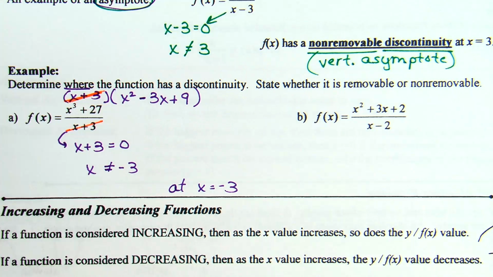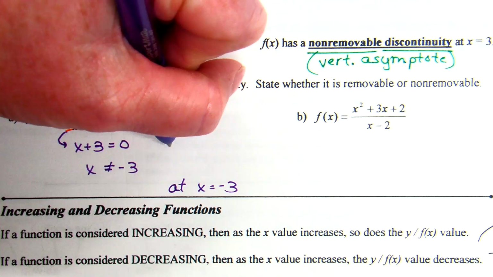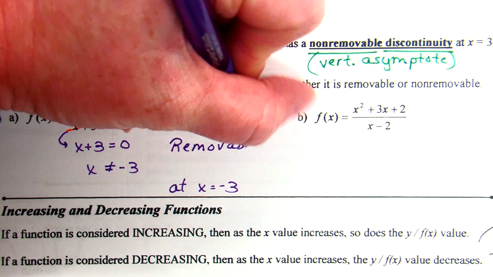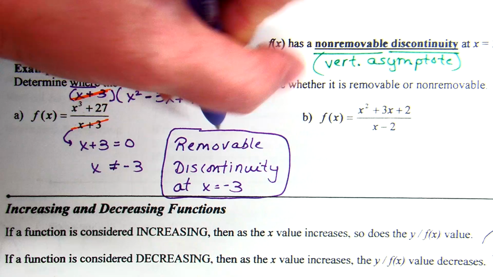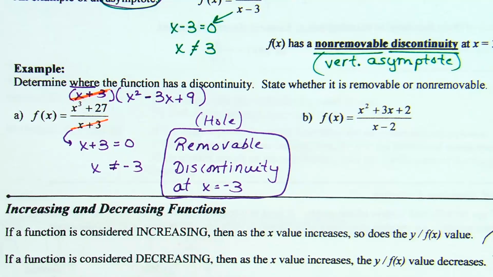Removable discontinuity, AKA hole. I'll be honest, my brain always goes to, okay, that's a hole, okay, now which one is it? Is it removable or non-removable? So.